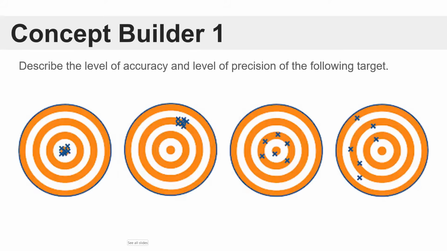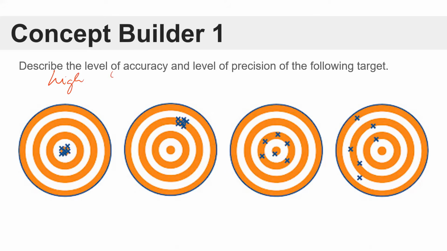So for concept builder number 1, I would like you to describe the level of accuracy and level of precision of the following targets, and include also a brief explanation kung bakit yun yung description ninyo. So just use high and low as your adjective for the level of precision.